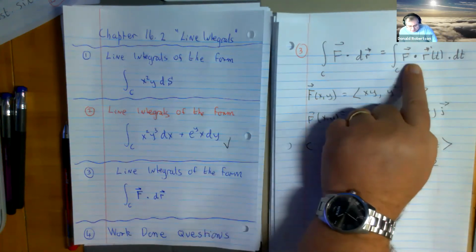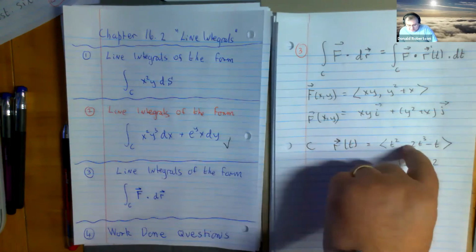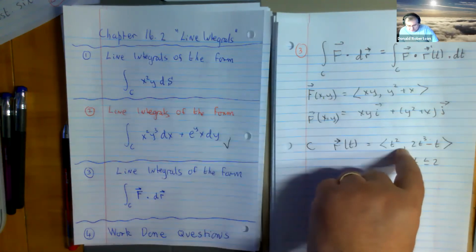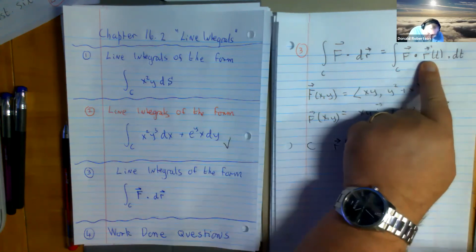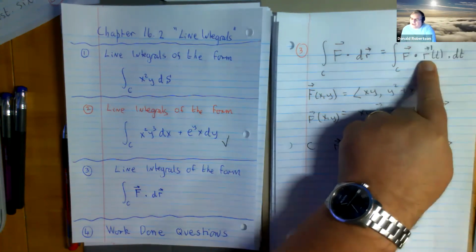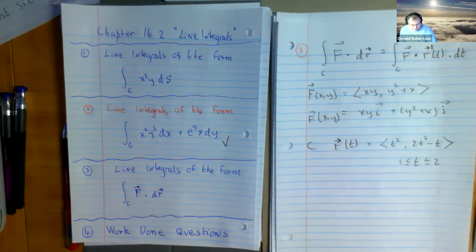So you take the dot product of these two, right? This guy and this guy, the dot product. Oh, by the way, not this guy, but the derivative of this guy. And then you slap a dt at the end.